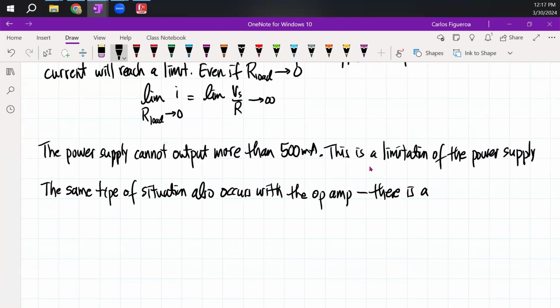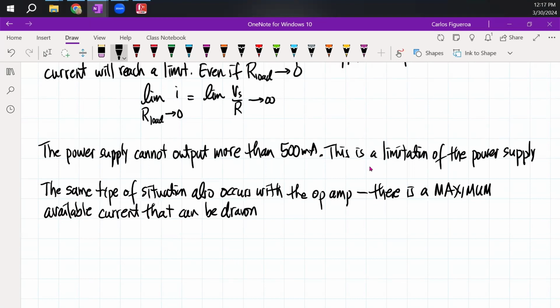There is a maximum available current that can be drawn so that the op amp acts linear.